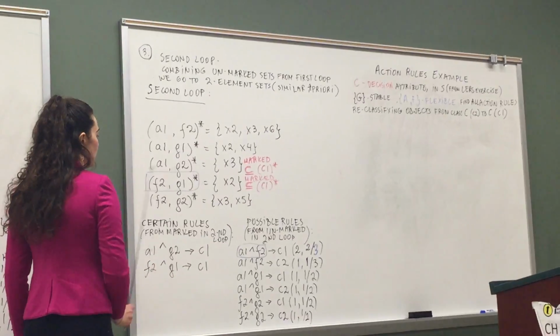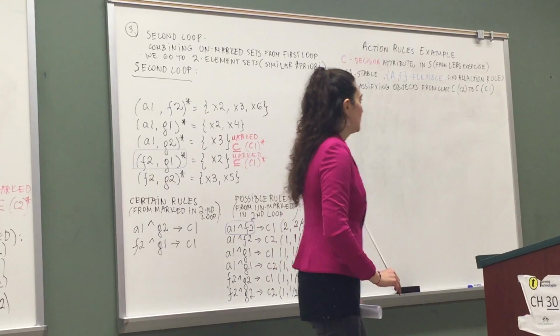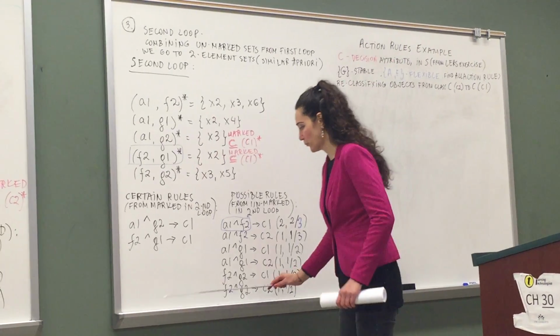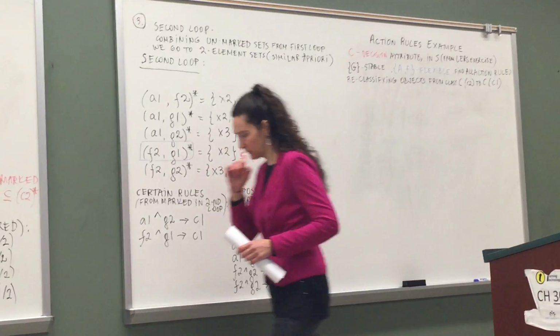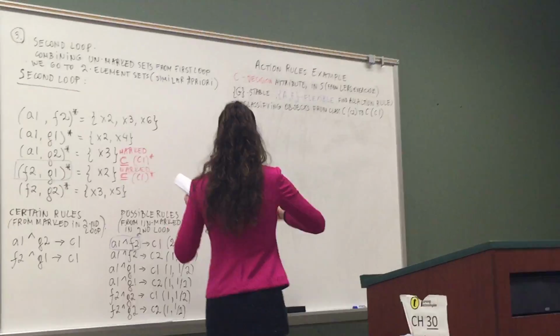And the next thing we look at is whether the two rules have a common flexible attribute. So we're looking for pairs of rules.